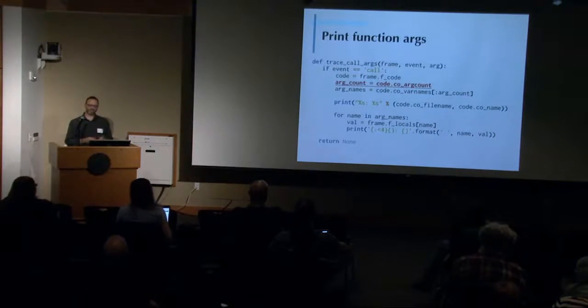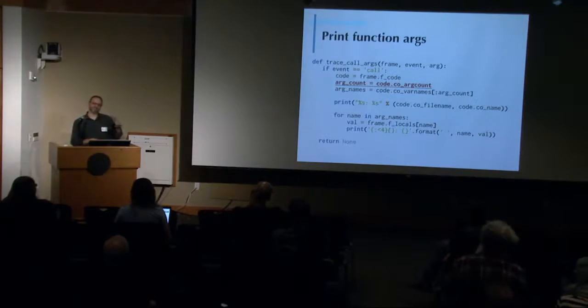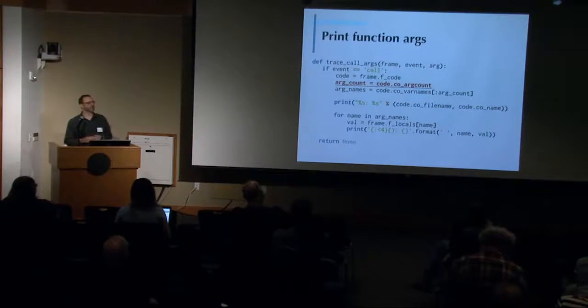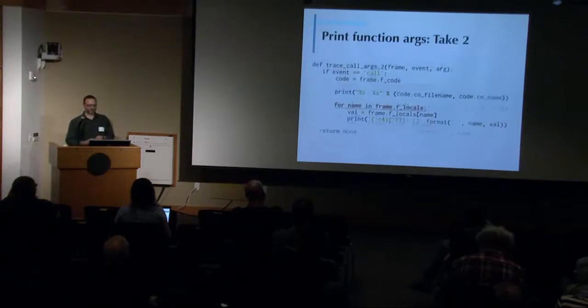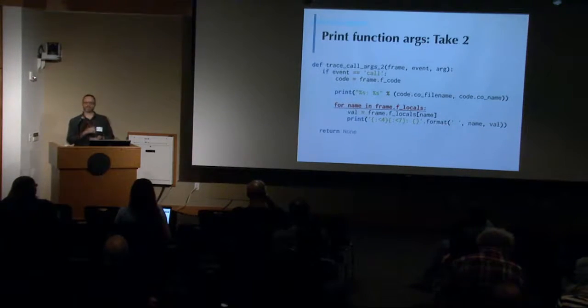It turns out that this co_argcount that we were relying on to tell us how many arguments were passed into the function doesn't actually handle the variable case, the star args and the star keyword args case. But there's another solution. When a function is first called and you create a frame, so you're in the call event, the only variables that are defined in locals at that point are the ones that are passed in as arguments.